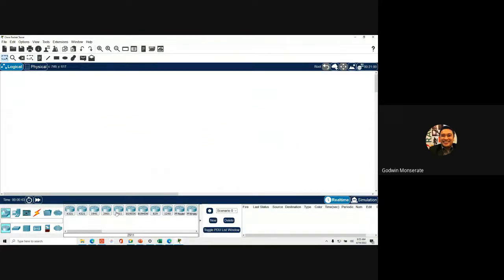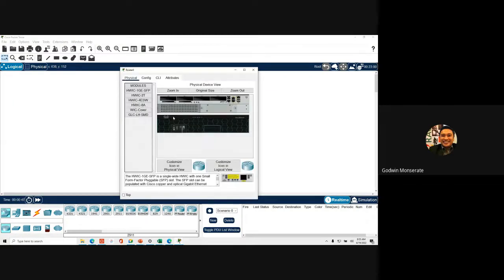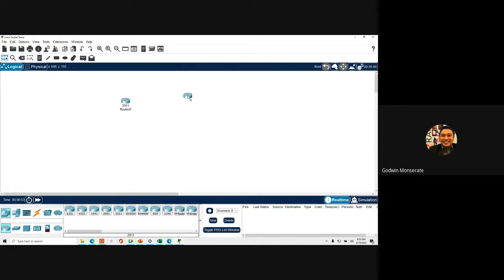Example, this one. This is router 1. We know, I guess, that when we are going to connect router to router, it should be in serial, because they are far apart.